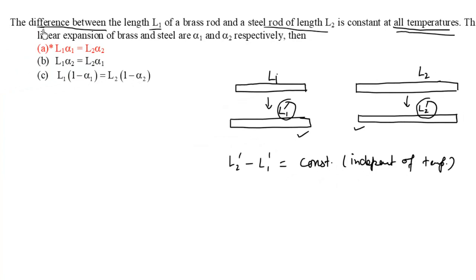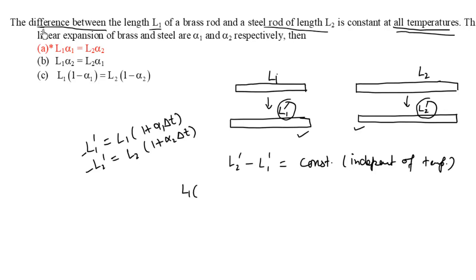From linear thermal expansion we can write L1 dash as L1 (1 plus alpha 1 delta T), and these two lengths are at T plus delta T, and L2 dash can be written as L2 (1 plus alpha 2 delta T), and we can put the values of L1 dash and L2 dash in here.